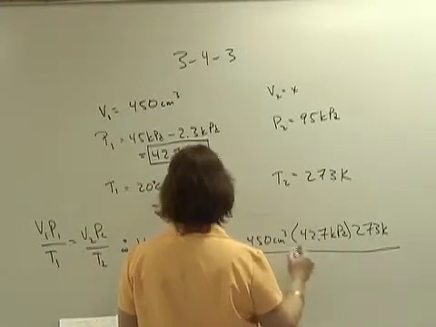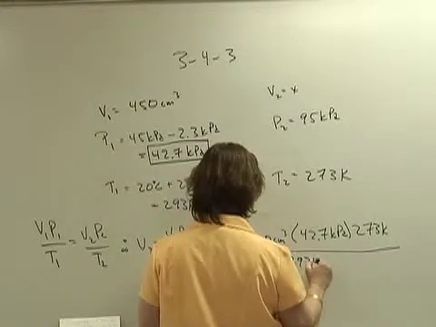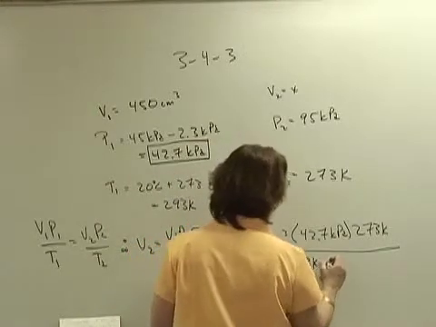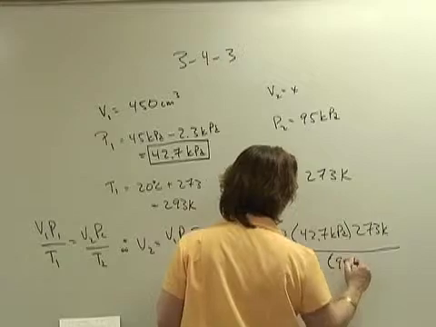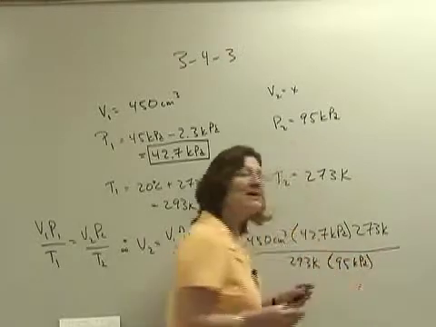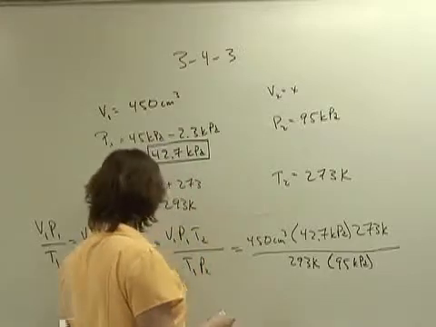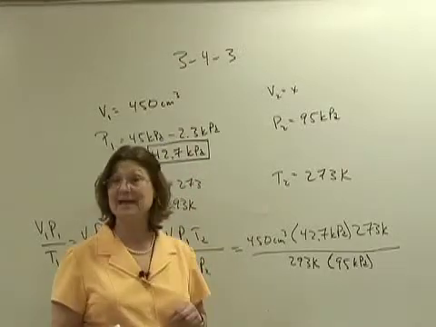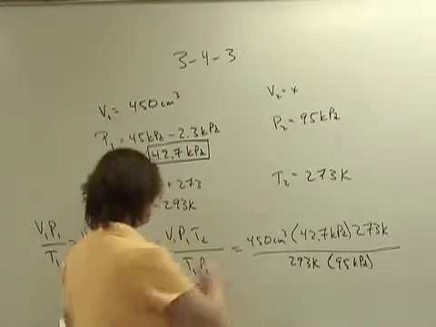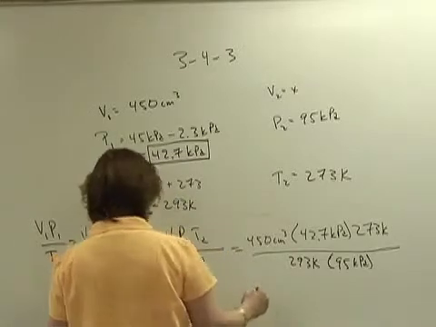T1 is the temperature. It's 293 Kelvin. And my P2 is 95 kPa. And you can see how very important it is to follow my table and to follow my equation, because mistakes can easily be made.